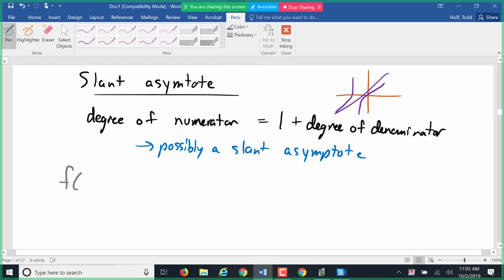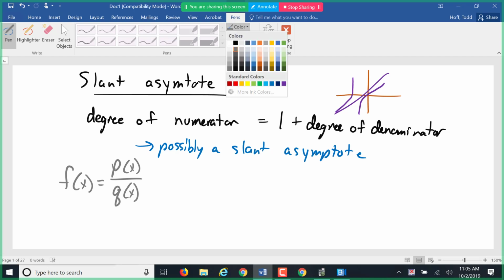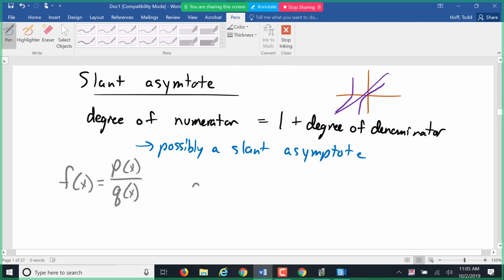Well, remember, if f of x is of that form, p of x over q of x, if you divide these out, p of x divided by q of x, you will get the equation of the slant asymptote.